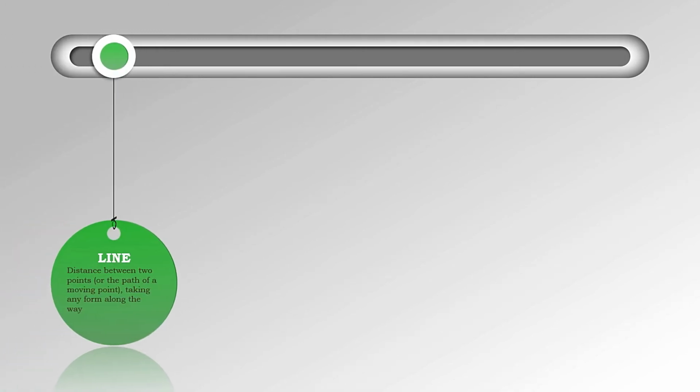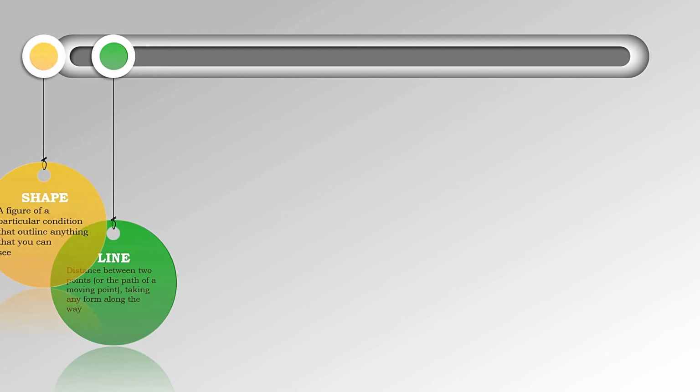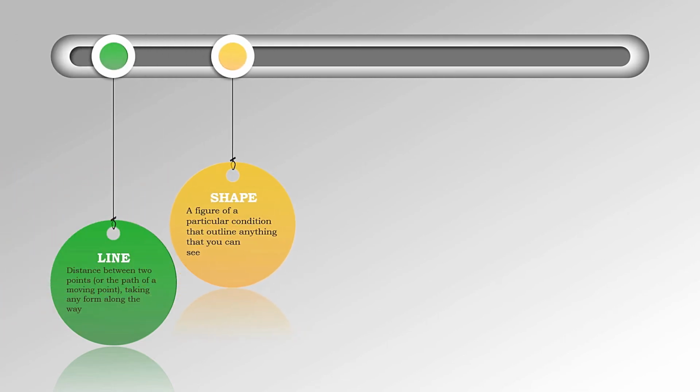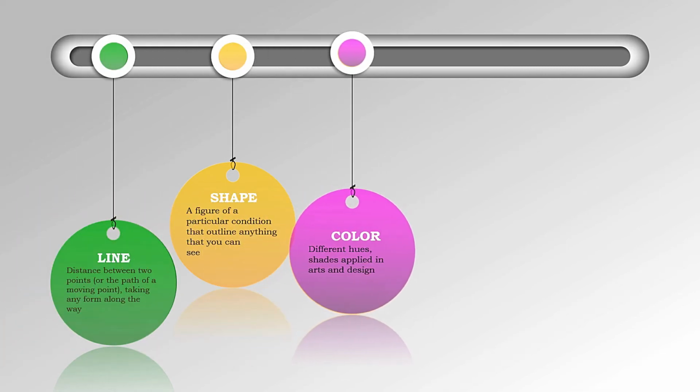First, we have line. It is a distance between two points or the path of a moving point taking any form along the way. Next, we have shape, a figure of a particular condition that outlines anything that you can see. And we have color, different hues and shades applied in arts and design.